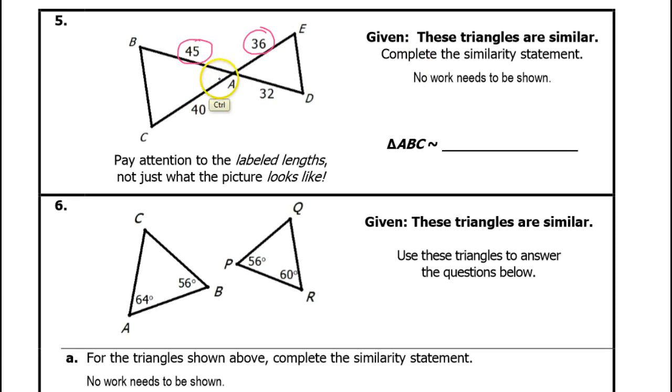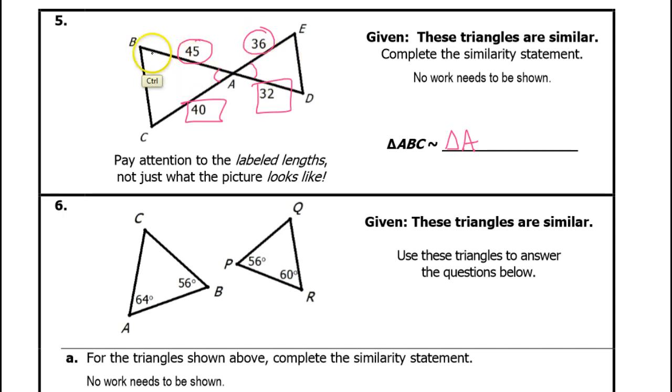Of course these angles are congruent because of vertical angles, and the 40 and the 32 are corresponding. So that's going to be enough to show us the similarity. Angle A of the left triangle is going to correspond to angle A of the right triangle.